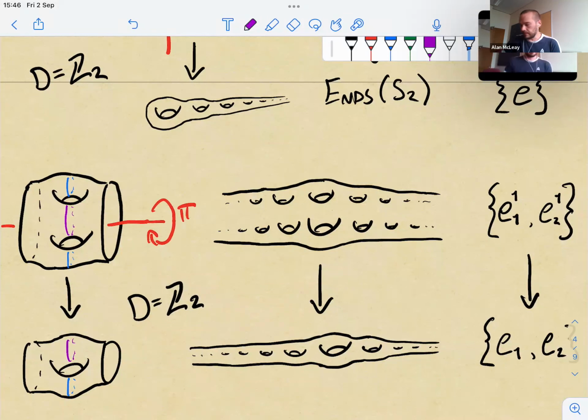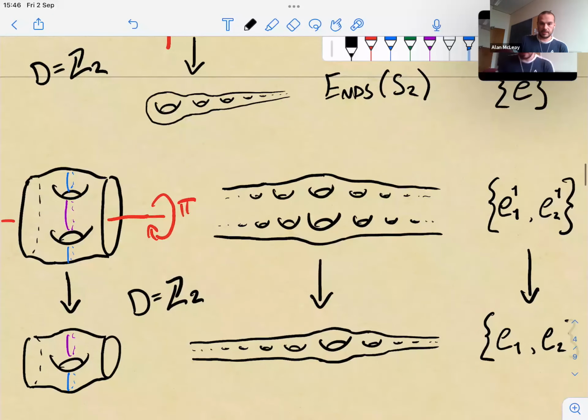That's how this cover works. Okay, that's a good cover, and I'm just going to glue infinitely many of these covers together in two directions. And we get this picture, and we get this induced map on the end spaces.